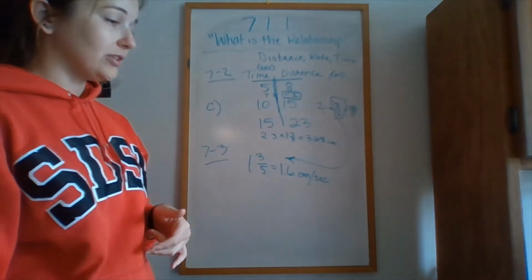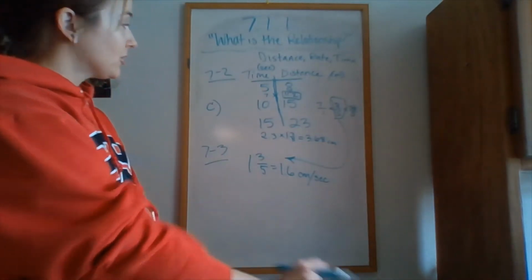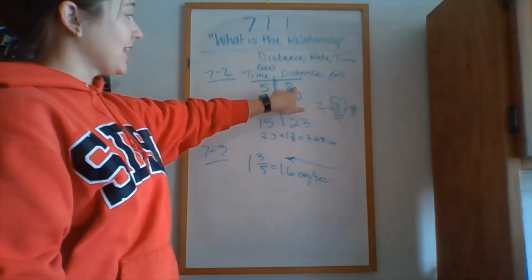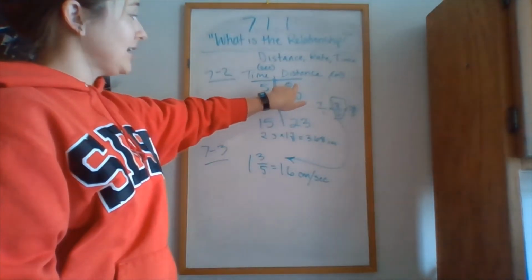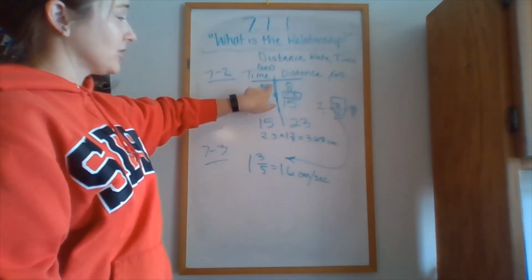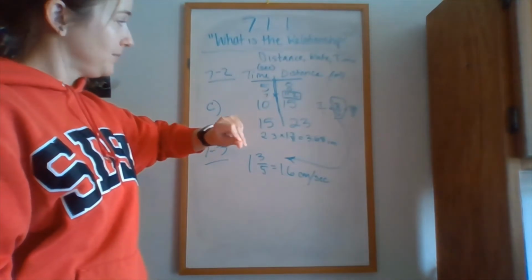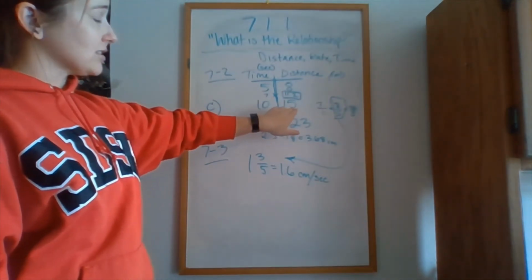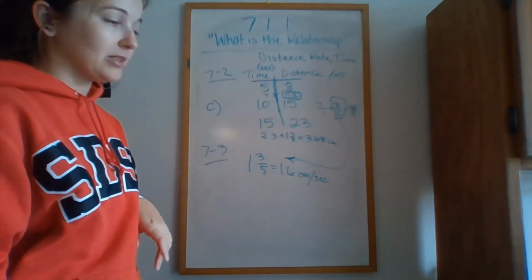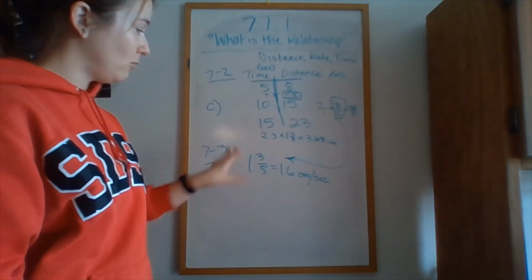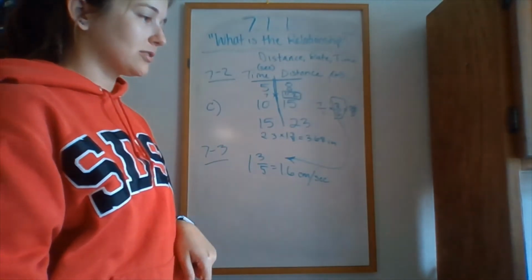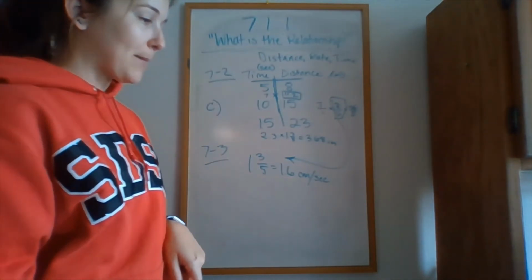And it says, how can you see this in your table? Well, you can see it in the table by dividing this by this. Any y with the x on the other side, if you divide that y by that x, you will get the unit rate. And to double check it's the same for all of them, you can do another one, but they're all 1 3/5 or 1.6 unit rate.